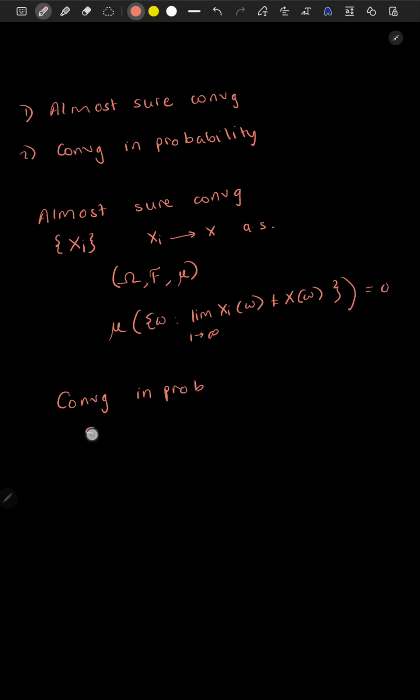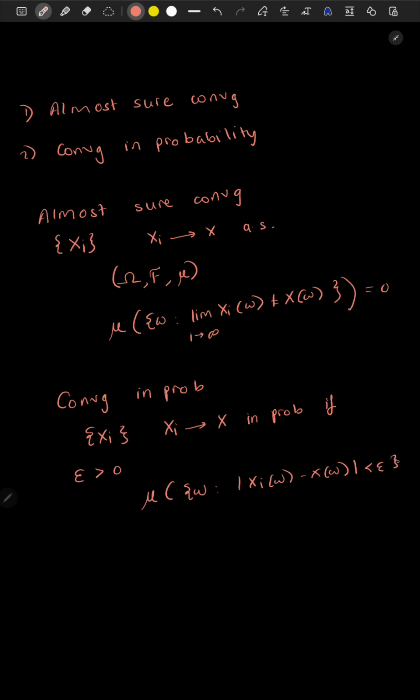Again, consider a sequence of random variables, and we say Xi converges to X in probability if, first, we fix an epsilon greater than 0, and then we look at the set of omega such that the absolute value of Xi(omega) minus X(omega) is less than epsilon.